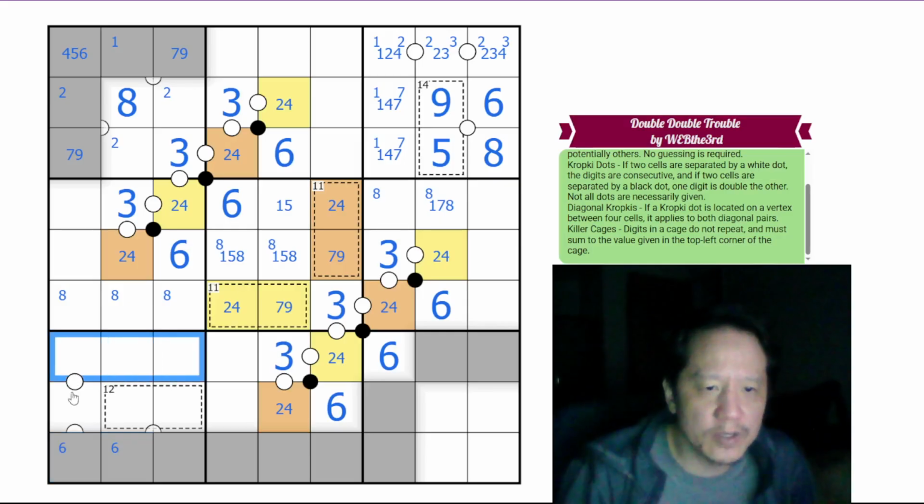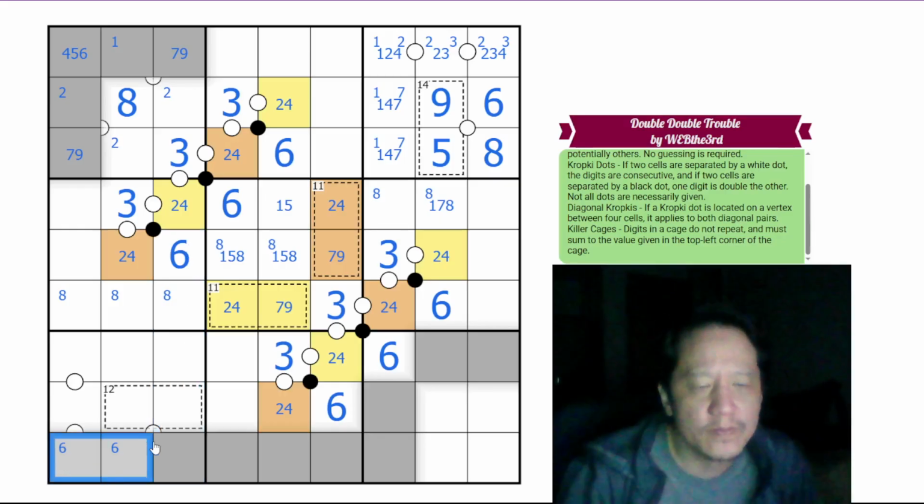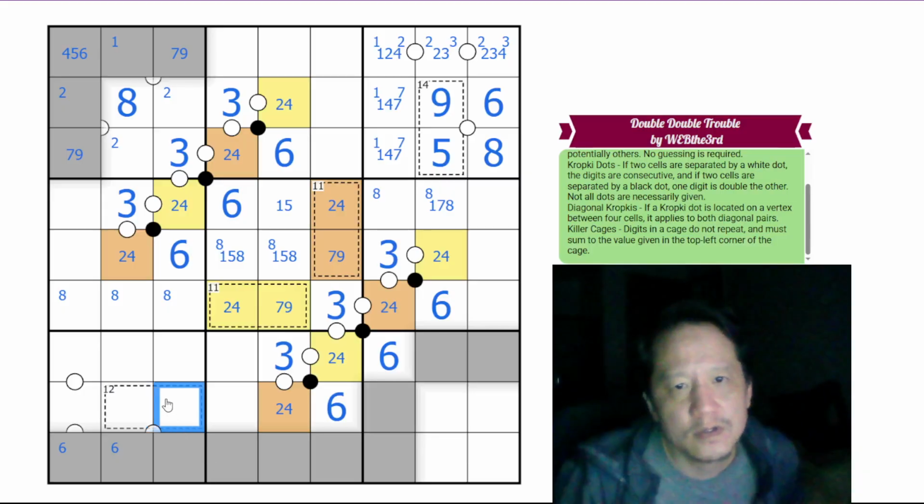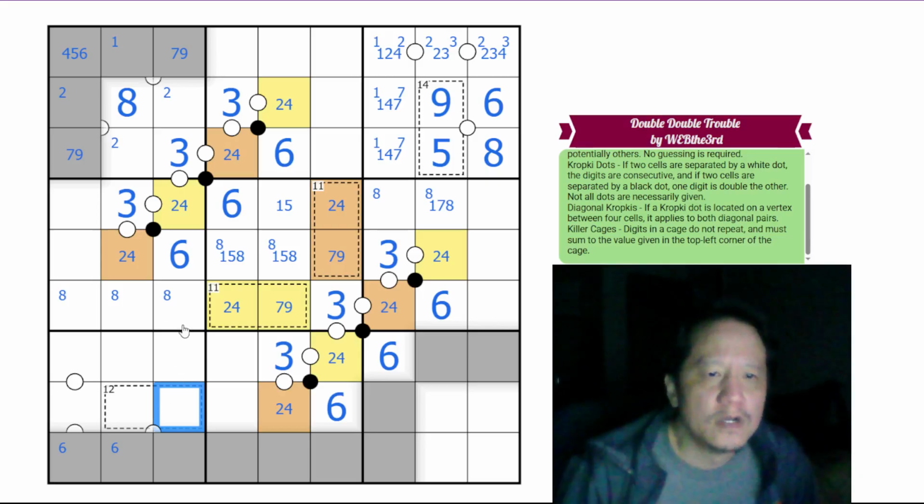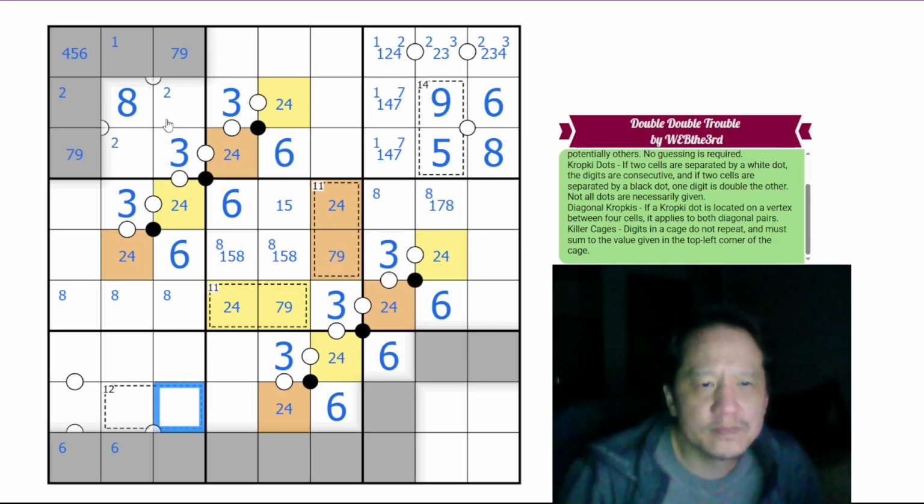Because it can't be here or here because of 6 is in the row. Can't be here because of 6 in the column. So either this is 6, which would force that to be 5 or 7, or this to be 5 or 7 across here. 6 has to be one of these two.